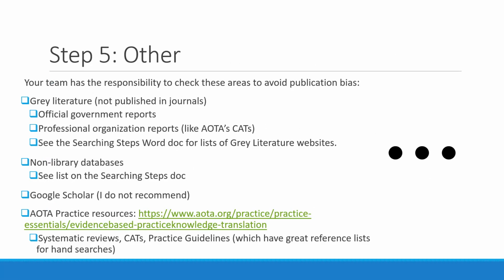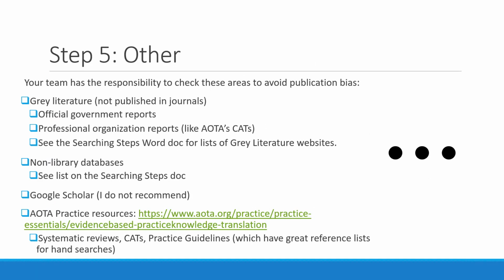Other. You also need to search the gray literature. Okay, so these are things that are not scholarly, peer-reviewed journal articles. These are official government reports, professional organization reports. This could also be dissertations that have not been published in a journal. It could be capstones, our OTD capstone projects.